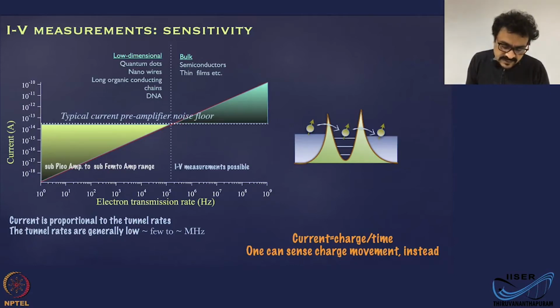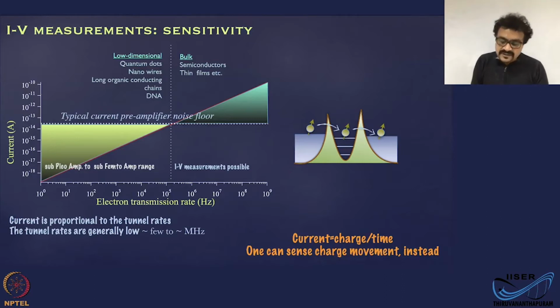When the electron transmission rate is less than a few tens of kilohertz, your current is going to reach the femtoampere range, whereas the typical current preamplifier noise floor falls in that range. Around 5 to 10 femtoampere is what you are going to get for a typical highly sensitive current preamplifier.